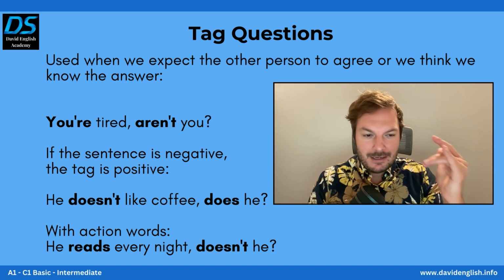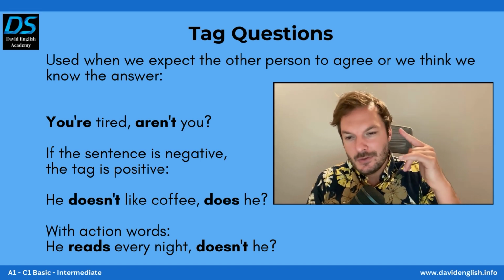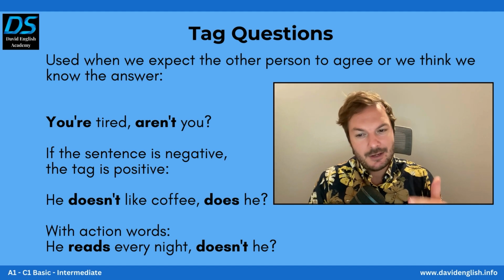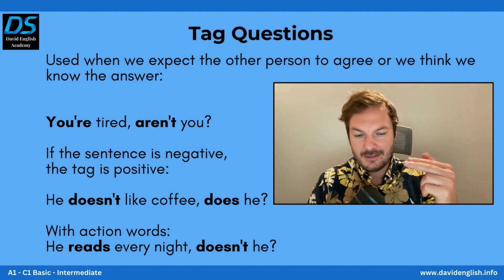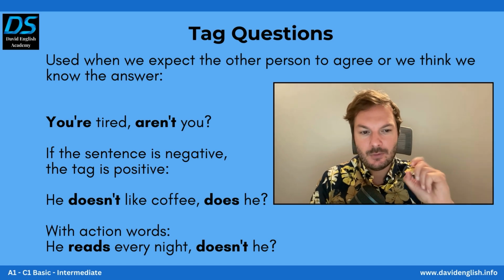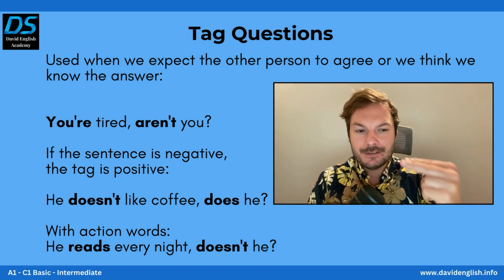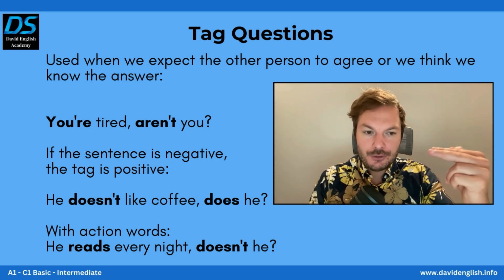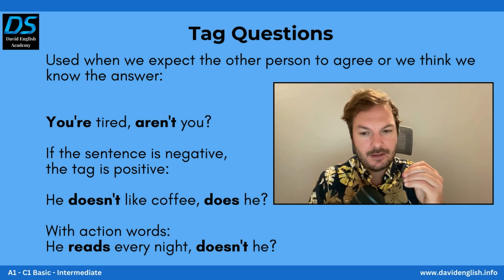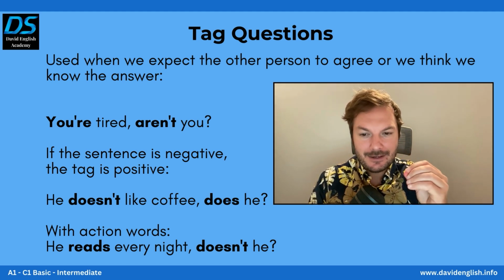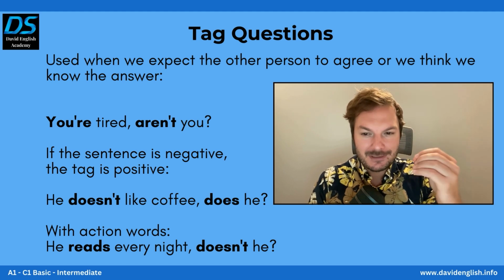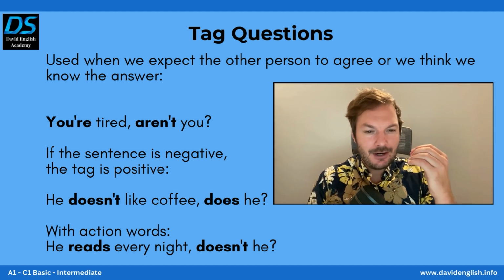Here, the idea is that you can say the sentence like, you're tired, which is a positive sentence, with a negative question. You are tired, aren't you? Notice that I'm using positive and negative. Here, I'm pretty sure you're tired, right? Aren't you?